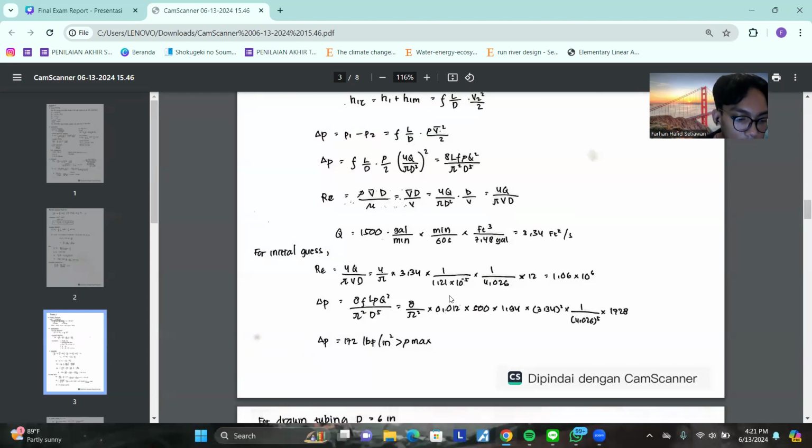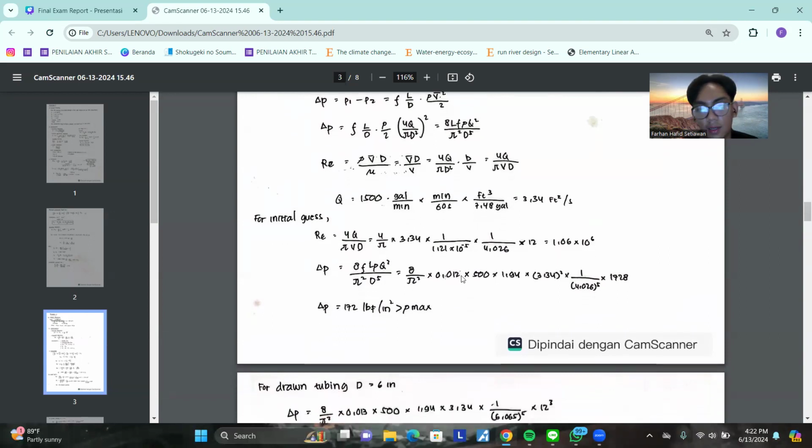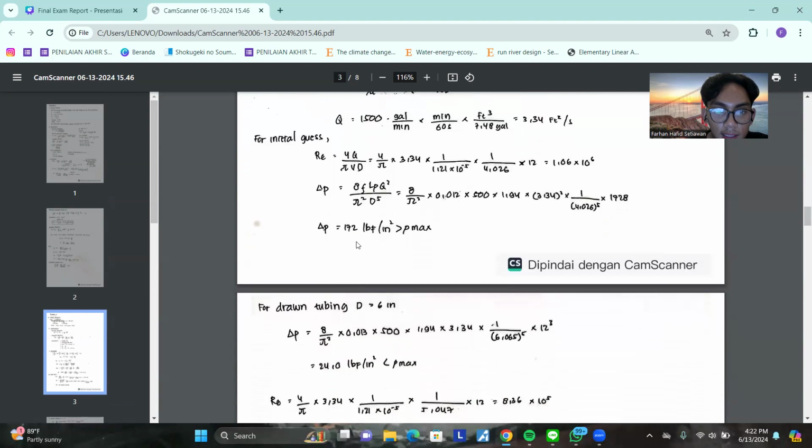We see from the table from the book, we got delta P is 8 times f L rho Q squared per pi squared times D to the fifth equals 8 per pi squared times 0.012 times 500 times 1.95 times 3.34 squared times 1 per 4.026 to the fifth times 1,728, and we got delta P is 172 lbf per square inch, which means it is greater than the P max.